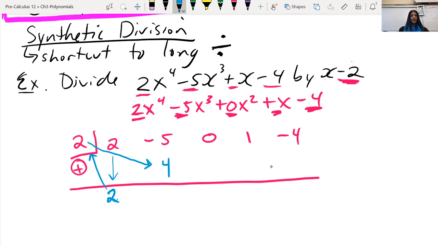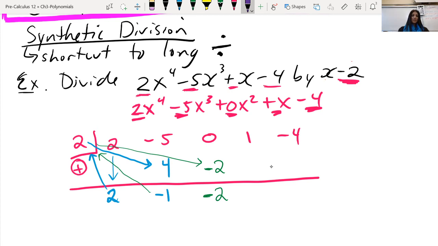So I do negative 5 plus 4, so I get negative 1 down here. And now I go through exactly the same process again. I do negative 1 times 2, and I get my answer of negative 2, and I put it here. Then I add them top to bottom, so I get negative 2 as my answer down here.